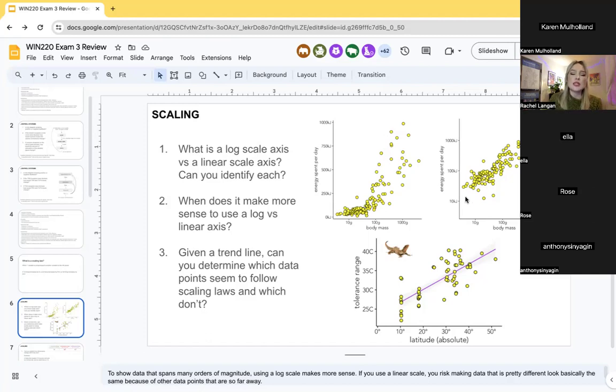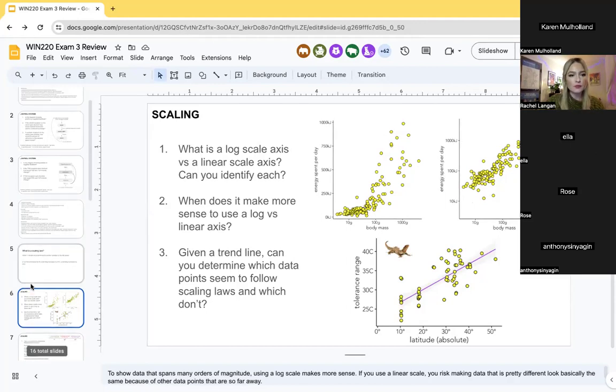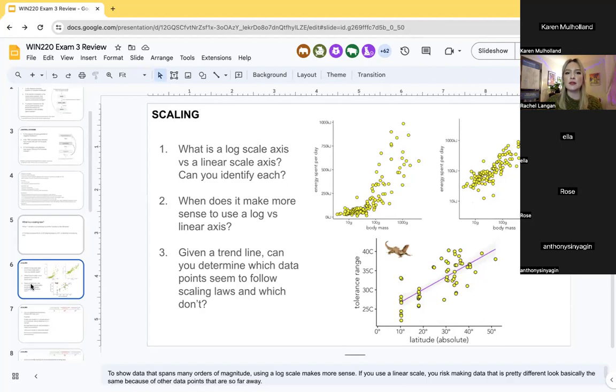So deciding whether points are kind of unusual or not following scaling laws is not just how far away they are from the line, but also how far away they are in comparison to all of the data that's being shown. Okay, questions about log scales and graphs?